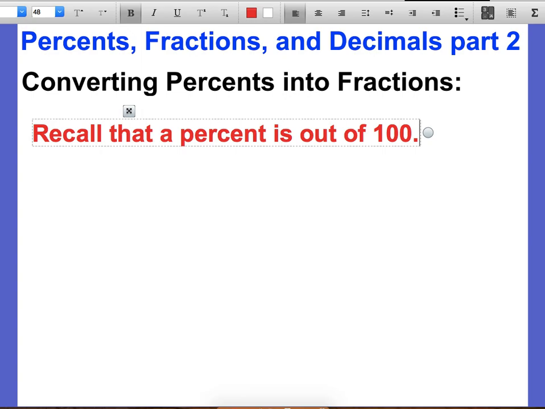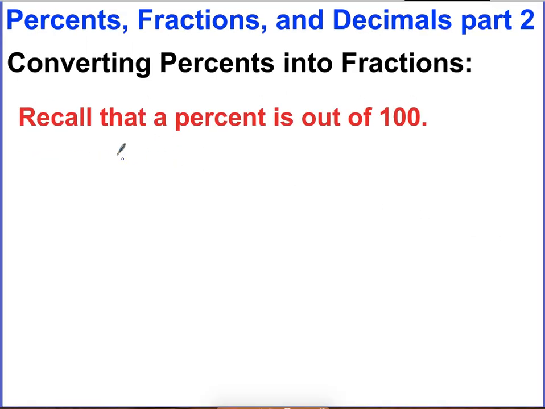The reason that this is going to help us is if I recall that a number like 37%, if I remember that that means out of 100, then I can write 37 out of 100.